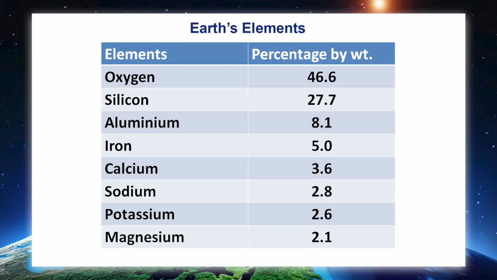Next, elements in the earth crust, how much is it? See, oxygen 46.6%, in what form? Forget about the air which has oxygen, it is the oxygen in earth crust. How? It is in the form of oxides.